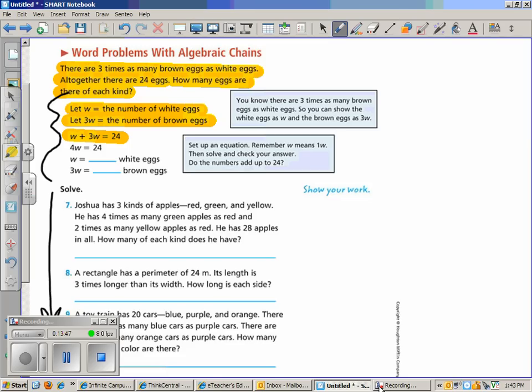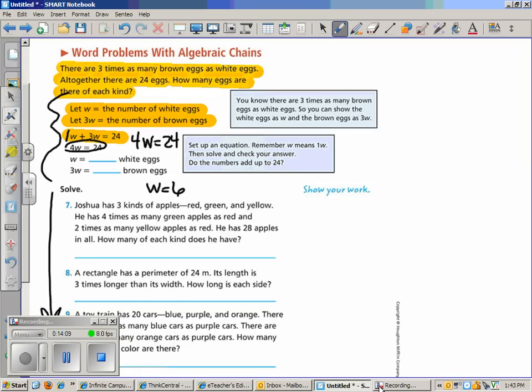We're going to take that algebraic chain, and we can even put a 1 in front of that W because it's just 1W. 1W plus 3W equals 4W. And 4W equals 24. So we ask ourselves, what number times 4 equals 24? Well, I know that W equals 6.